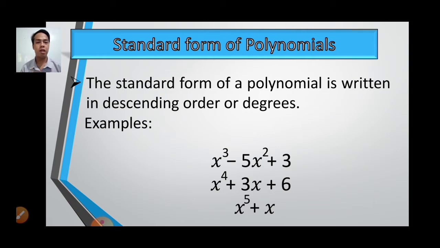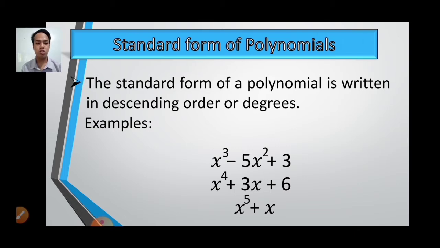Descending order means we need to arrange the given polynomial starting from the higher exponent going to the lower. The example of this is x cubed minus 5x squared plus 3.